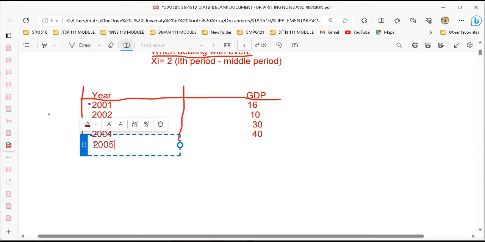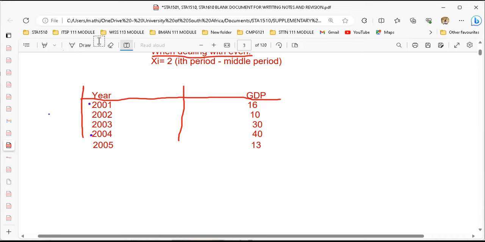We have 2005. Let's say now we're given 10, so we still have 10. Let's say now we're given 13.